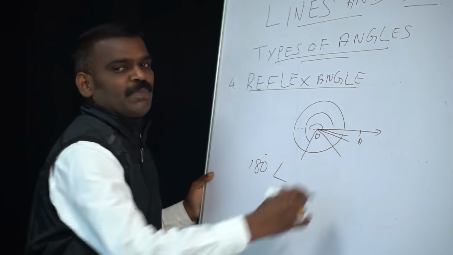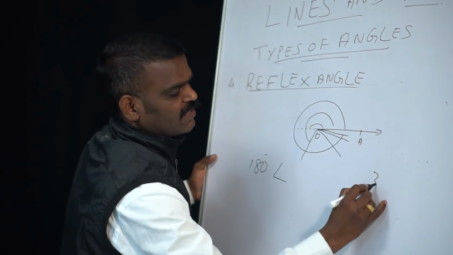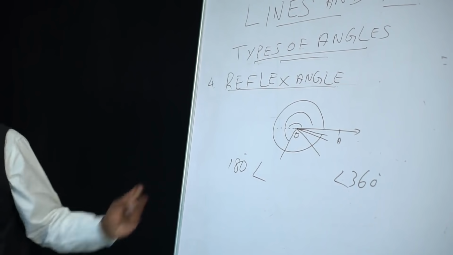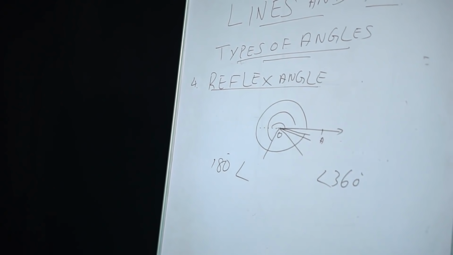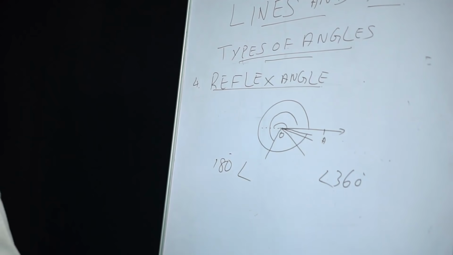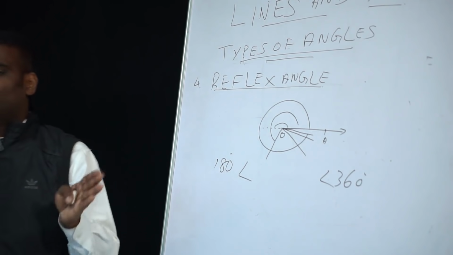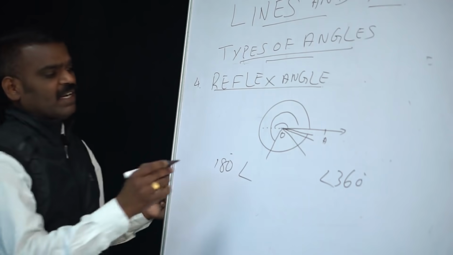It is more than 180 degree. If it touches here, it becomes a circle, so you should not touch. A circle has 360 degree. So, a reflex angle is in between more than 180 degree but less than 360 degree. Any angle which comes in between 180 degree and 360 degree, then it is called what angle?